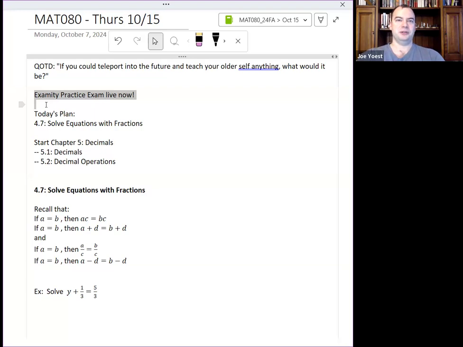You don't want to wait until the week of the actual Unit 2 exam to try the Examity practice exam and figure out that there's some tech issue, and now you're scrambling to figure out Examity, figure out the tech issue, and get the Unit 2 exam in all before the deadline. You don't want to be in that kind of a scramble. So do the Examity practice exam this week, and that'll give you plenty of buffer if anything goes wrong, if you have any questions, to get that sorted out well before the Unit 2 exam.